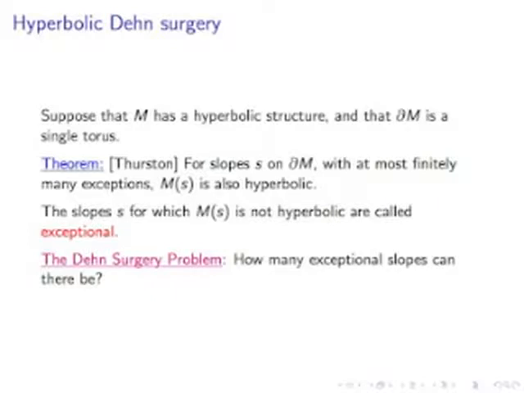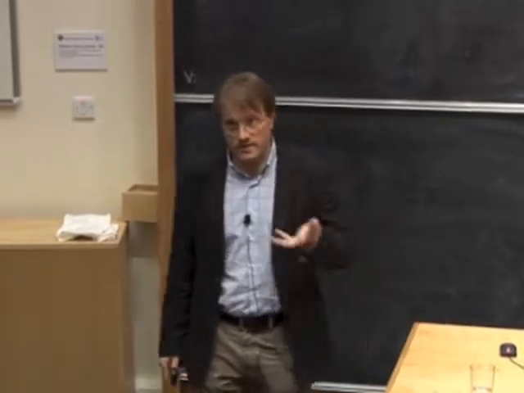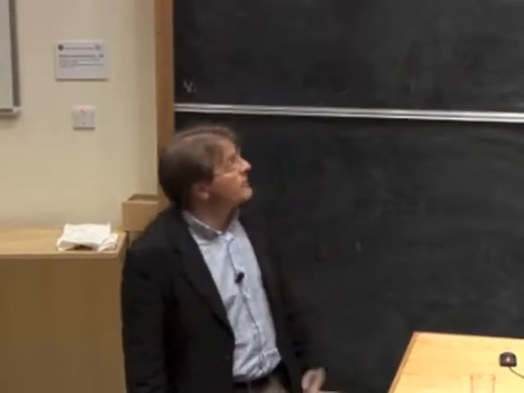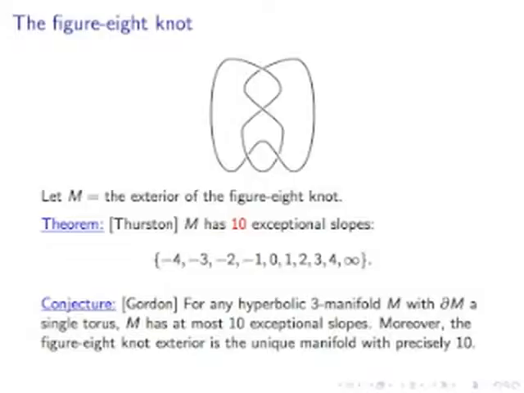And this is a problem that's seen a lot of work on it, and I'm going to talk about, in some sense, a resolution to it. So it turns out that the worst case is given by the figure-8 knot. So that's the content of the problem. The case of the figure-8 knot was analysed by Thurston, and he proved that the exterior of the figure-8 knot has precisely 10 exceptional slopes.